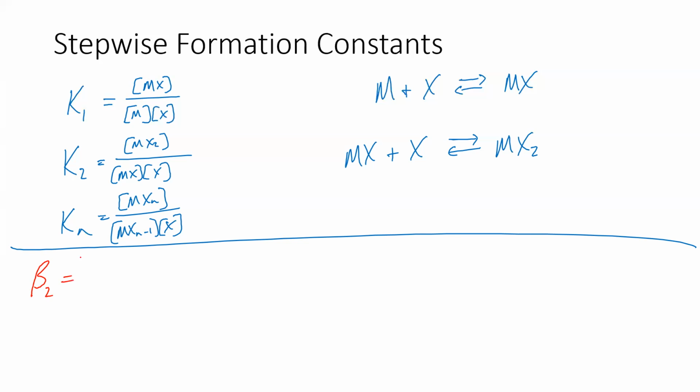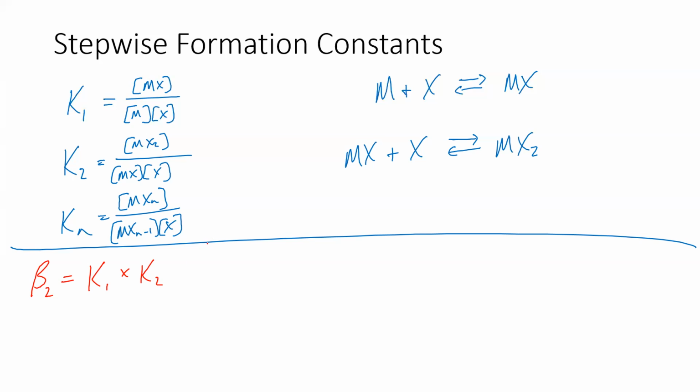But beta 2 is equal to K1 times K2. And it's telling you the overall equilibrium constant for taking a metal and 2 X's and giving you MX2, right? Even though we know that's not how it works, you have to add 1 X to M and then add another X to MX. This beta is wrapping it all together into a single reaction.